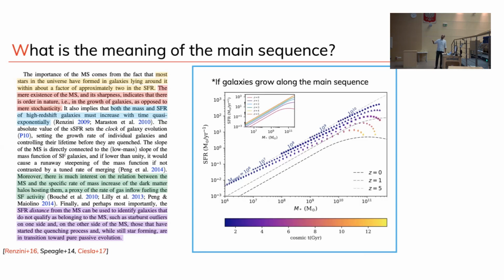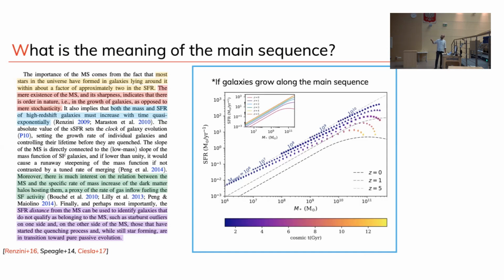Here, this is a plot from a paper by Lilly, and I think Jeremy is also an author here. If you start somewhere at high redshift, on the main sequence, I think it's seeded at redshift 5, and you assume that this relation between stellar mass and star formation rate exists as a function of time, you have to choose your favorite characterization. Maybe there's some bending here. Then you can actually construct how the galaxies are evolving as a function of time.